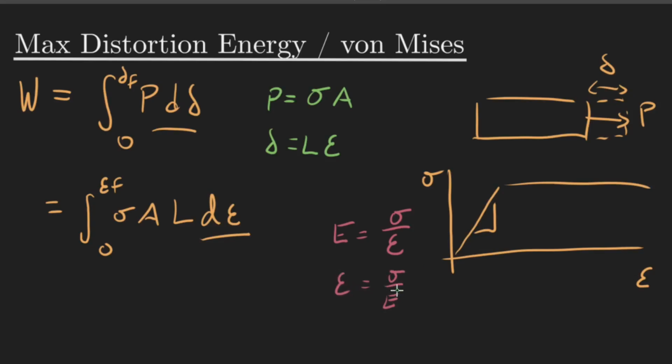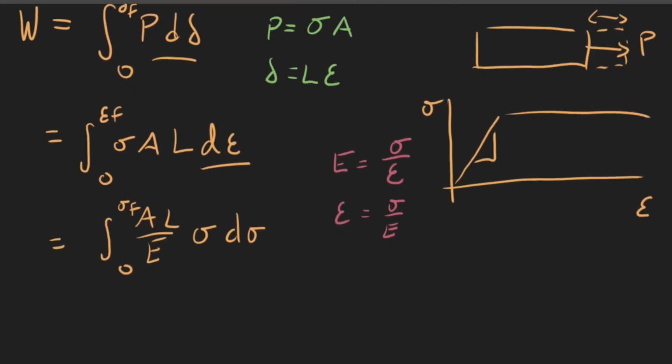If I plug this in right here, we're now going to shift from a differential strain to a differential stress that's being felt within the material. So this is going to be equal to the integral of AL over E sigma d sigma from 0 to our final stress. Now I can pull out all of these terms because they're constant with respect to my stress.